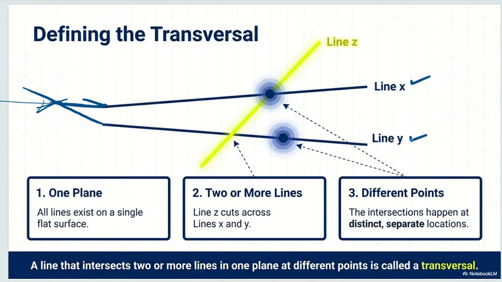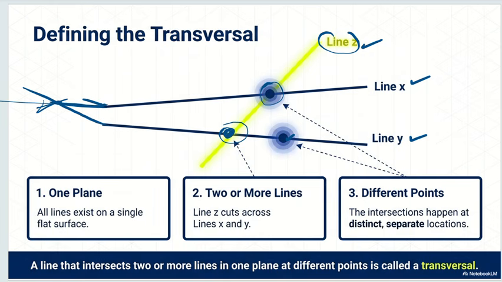So let us see line x and line y. We are taking another line z. Okay, so if we cut using the line z, then line z cuts the line x at this point and this point also. So don't be confused here because there is a little bit of error in the joining, in intersecting like this. This is not the intersection point, but this is the intersection point.